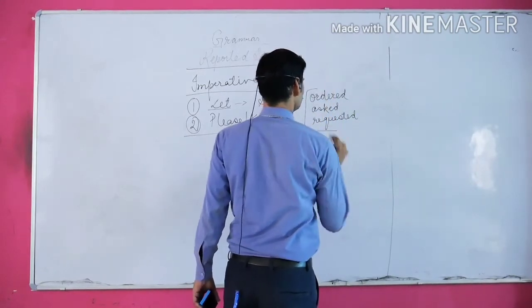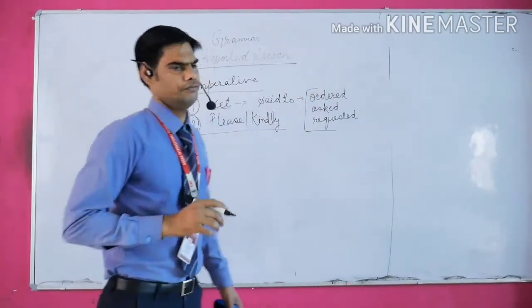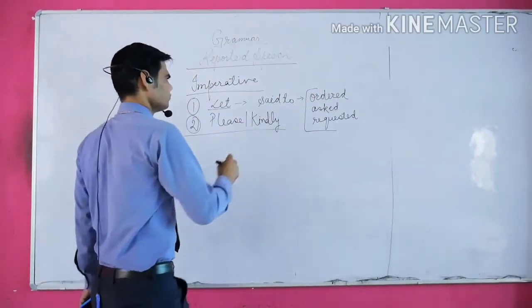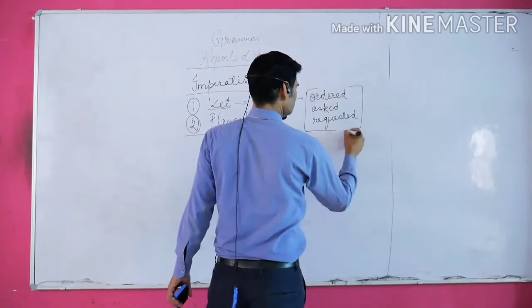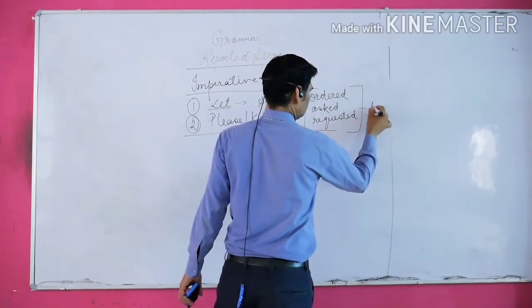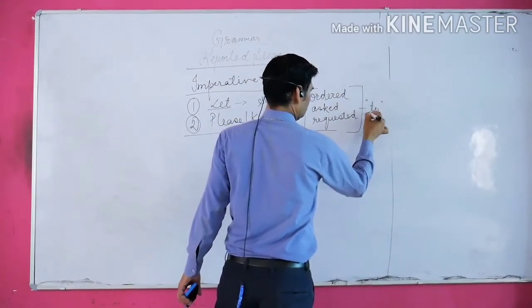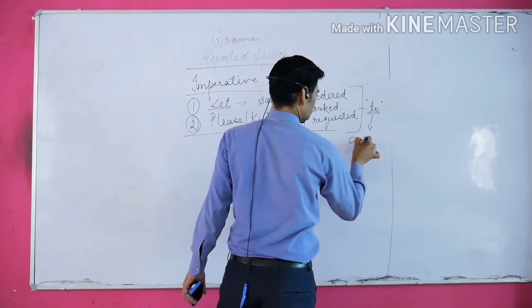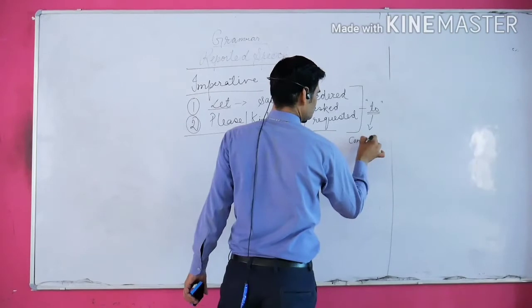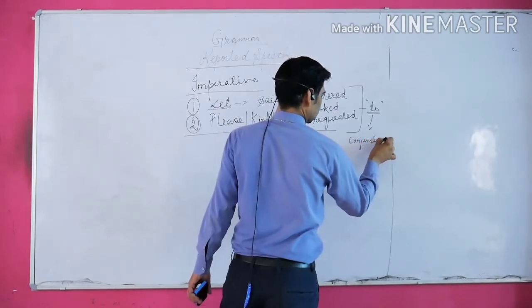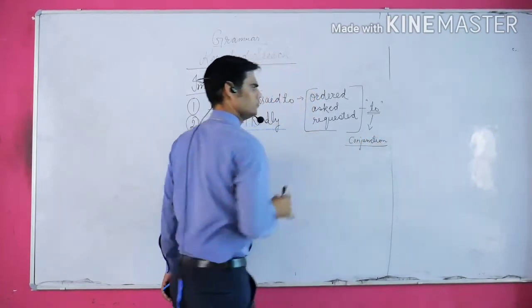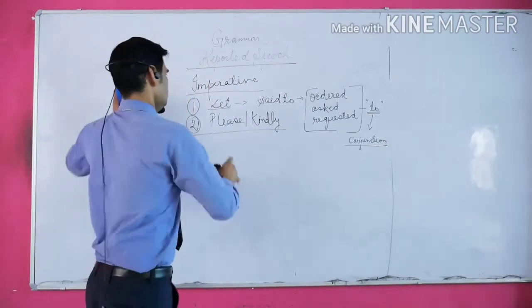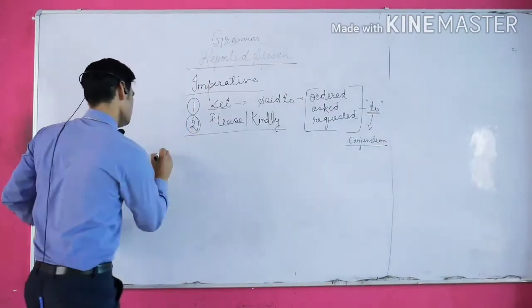Whatever mood of the sentence we have, we will change. Connective word will be to. It will be conjunction. And now I am giving you an example.